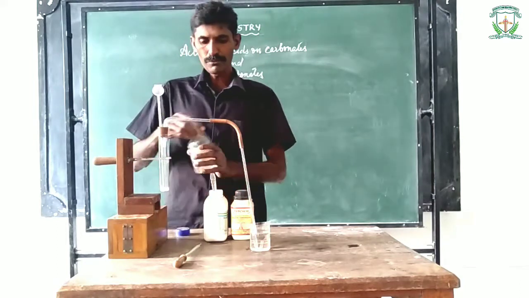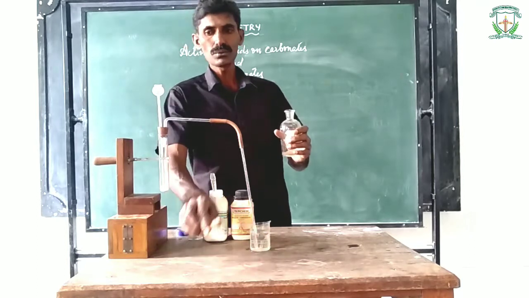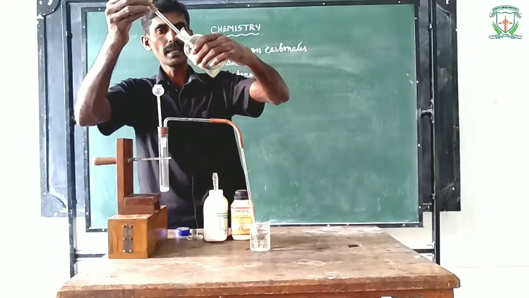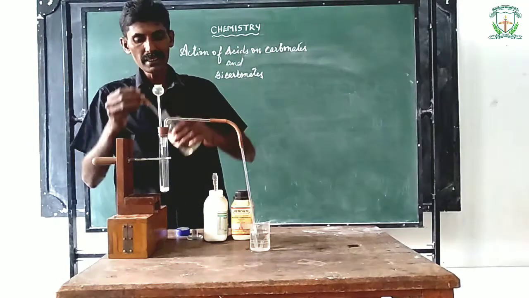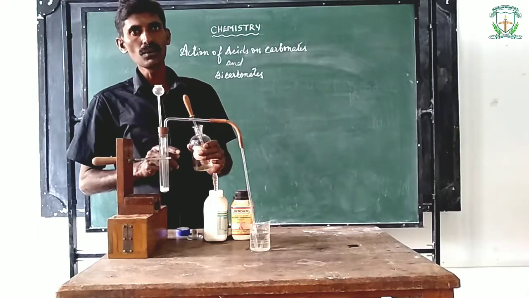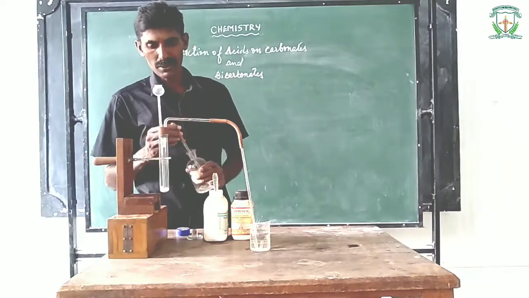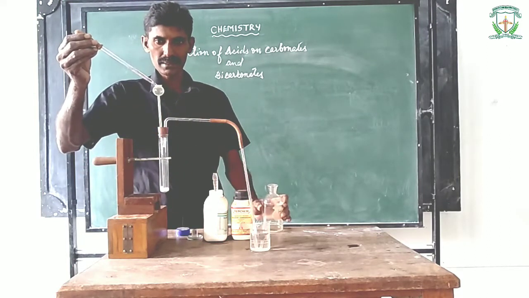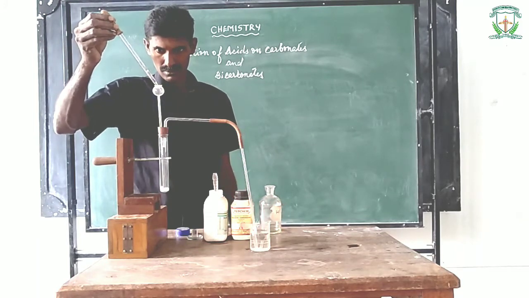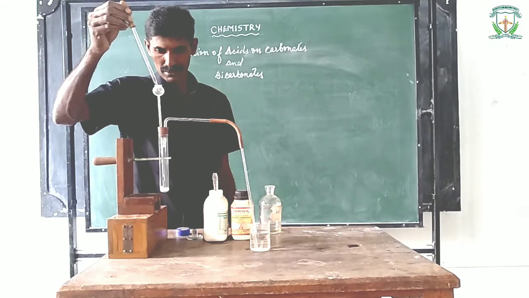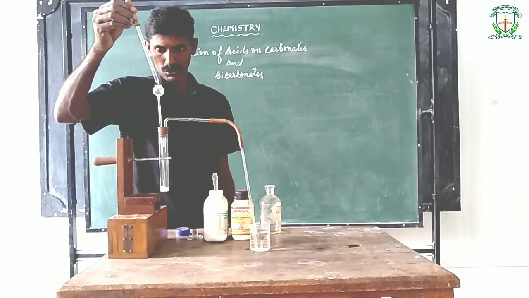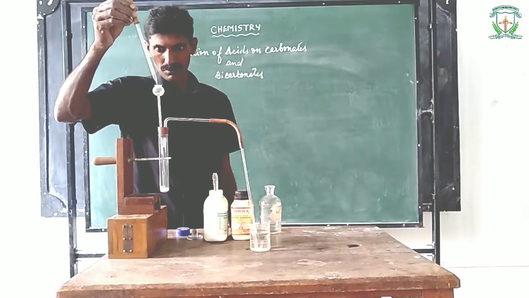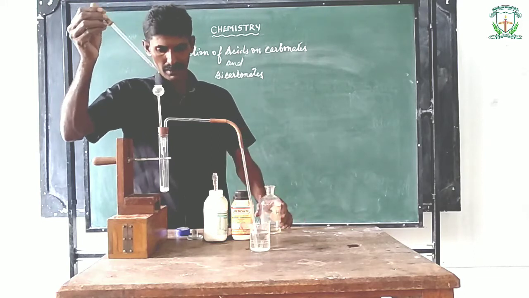I am going to add a few ml of hydrochloric acid into the test tube containing sodium bicarbonate. Observe carefully what is happening here. I am adding the hydrochloric acid into the thistle funnel, going slowly into the test tube and reaching the sodium bicarbonate crystals or powder.